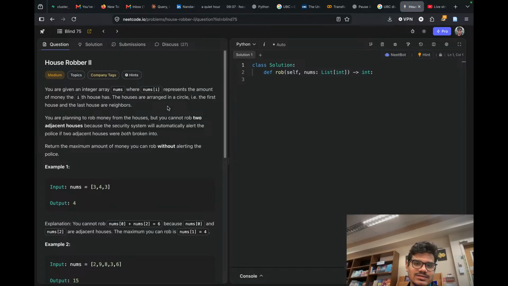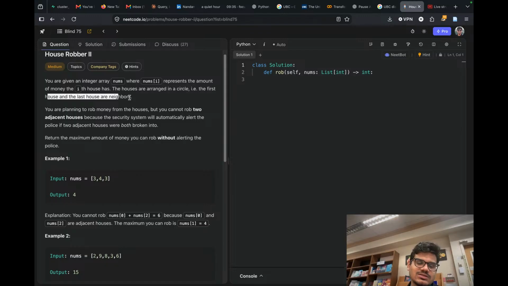The houses are arranged in a circle, and the first house and the last house are neighbors. Okay. So the one change is here. The houses are arranged in a circle, that is, the first house and the last house are neighbors.